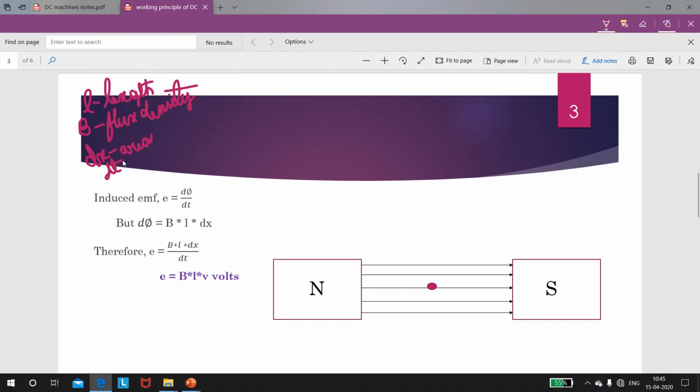Now we already know that EMF E is equal to d phi by dt. Now what is d phi?